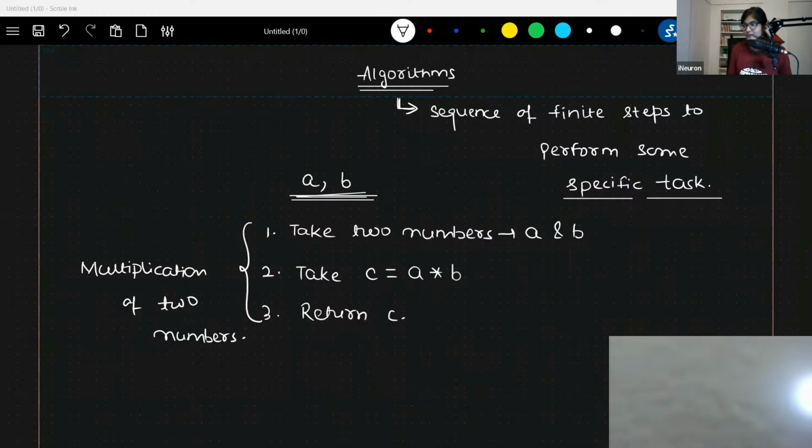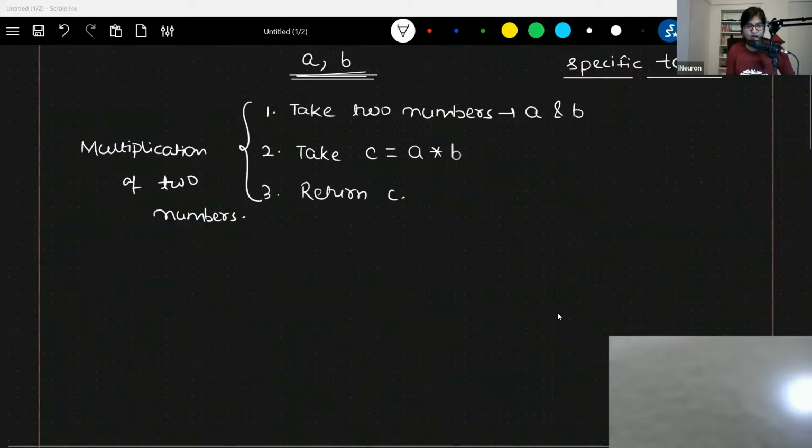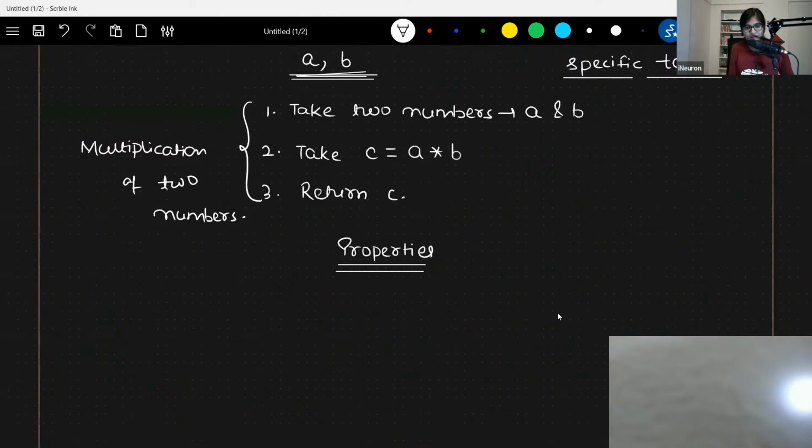Let's move ahead. The next important part is the properties of an algorithm. So the very first property is that it should terminate after some point of time.